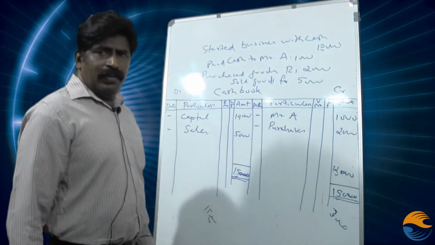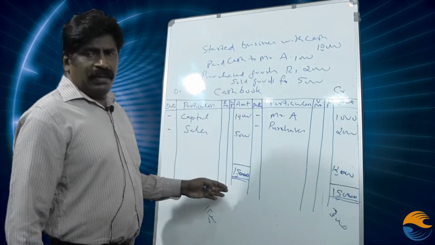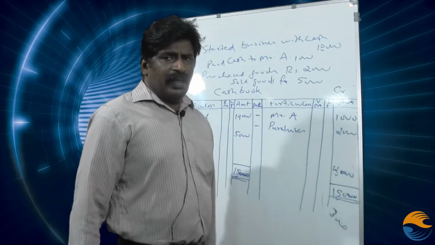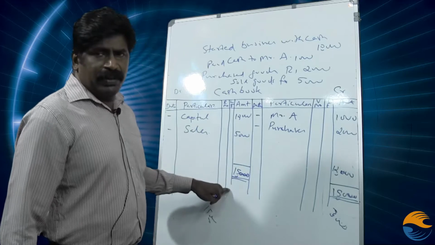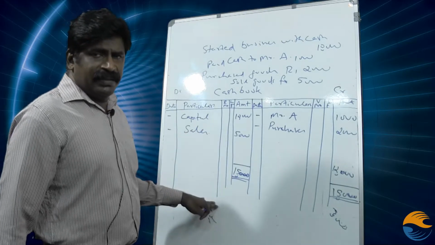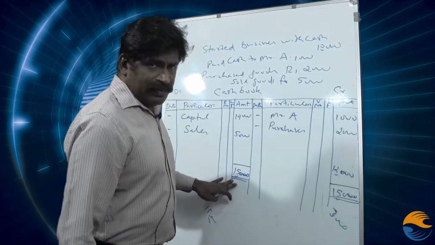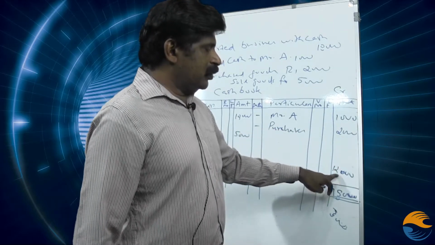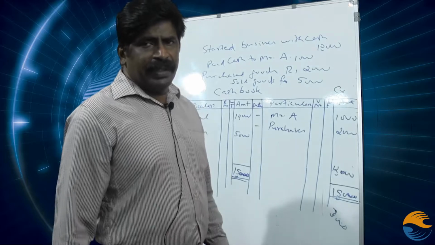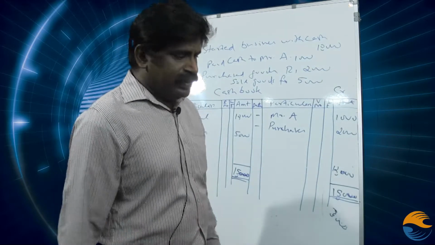Only then it will be possible to make the account tally. Now 10,000 plus 5,000, 15,000. The debit side total is 15,000, and consider here 1,000 plus 2,000 plus 12,000. Here also 15,000. Now the total gets tallied.